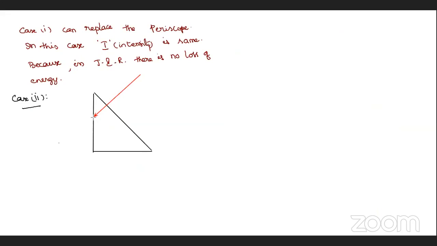Then what happens? Suppose it takes TIR, total internal reflection, and falls on the base. And again total internal reflection, comes like this.